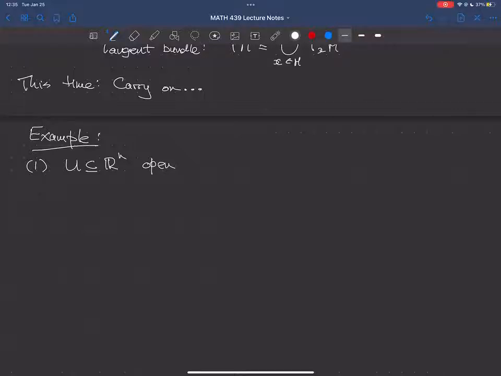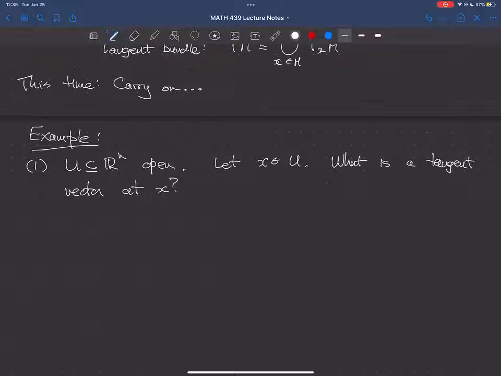Let's take a point x in U, and think about what a tangent vector at x looks like. Well, the definition of tangent vector says it's an equivalence class of curves.